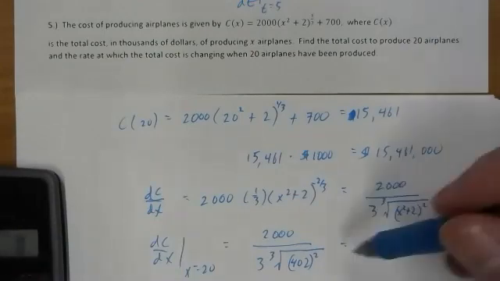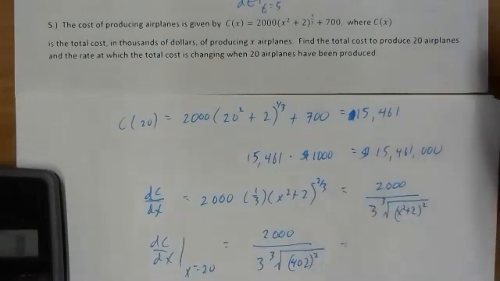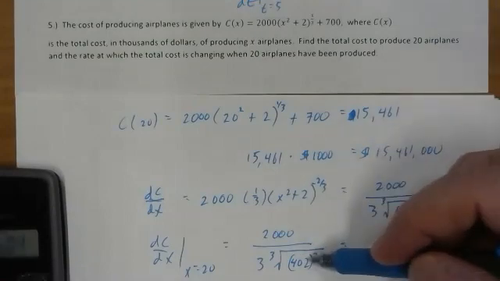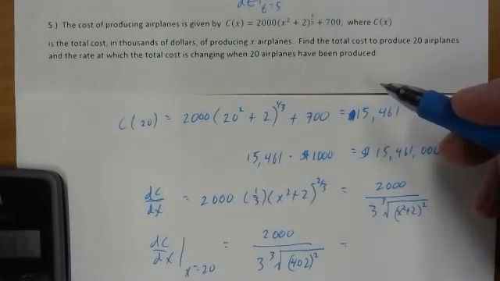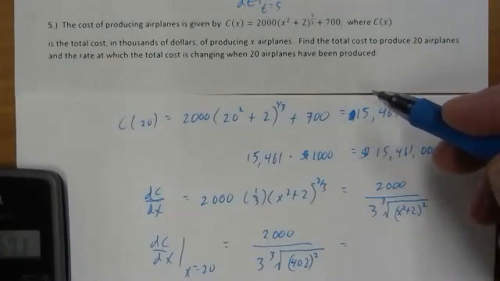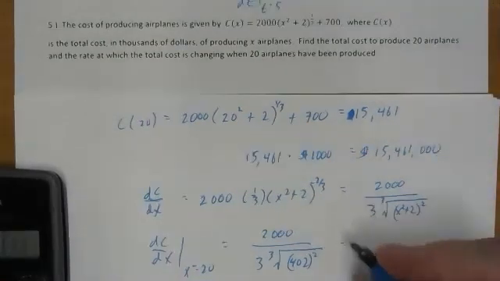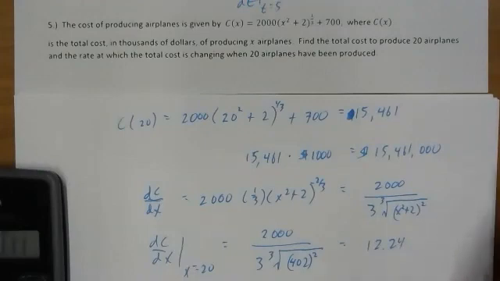Let me do this calculation again. So 402 squared. And then it has to be the cube root times 3. And then times. So I get 12.24.